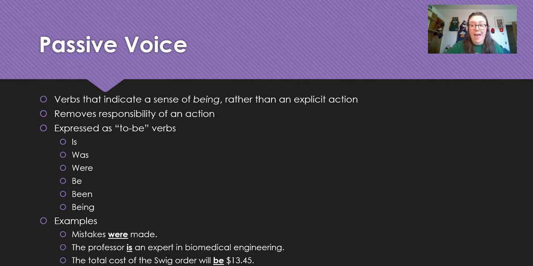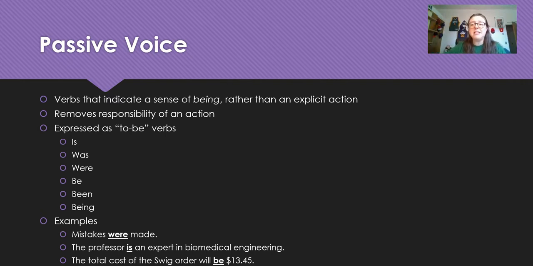Now let's consider passive voice. When we think of passive voice or passive verbs, these are going to be verbs that indicate a sense of being rather than an explicit action. So remember that with active verbs, those are often tethered to things that we can see, taste, smell, feel, things that are more, again, connected to everyday lived experiences.